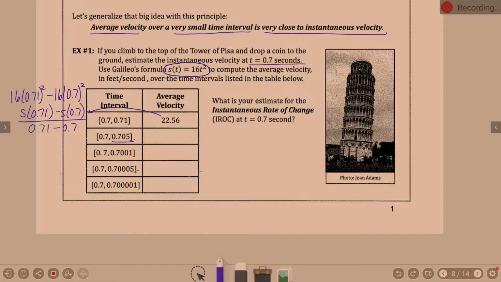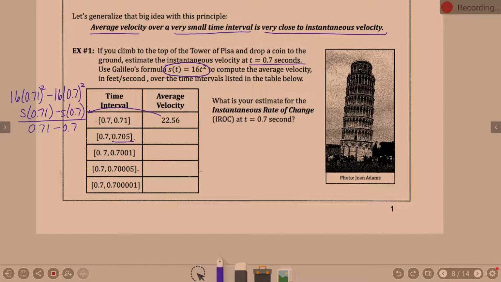You see where I'm going with this? Into parentheses. And then we're going to subtract the same equation, right? So alpha F4 is my shortcut there. Y1. And then this time, what value am I putting in parentheses? 0.7.